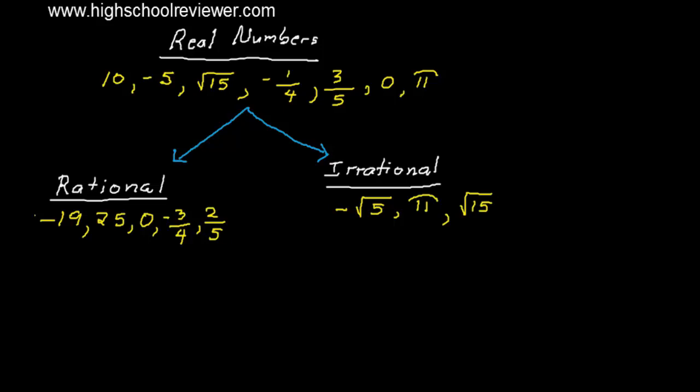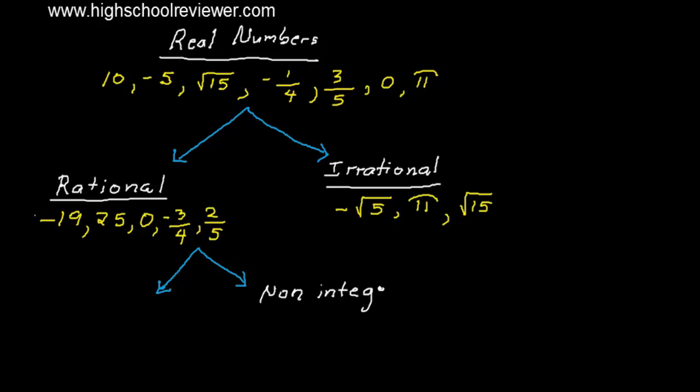And rational numbers are still divided into two types. So the first type of rational numbers, we have the non-integers.